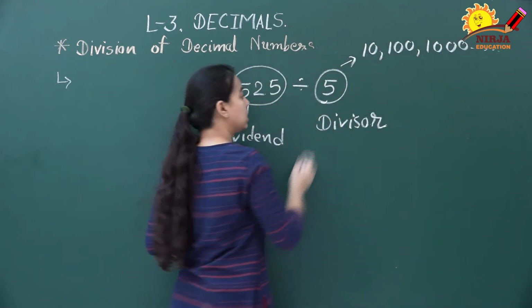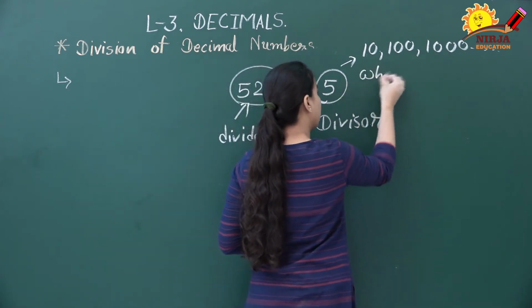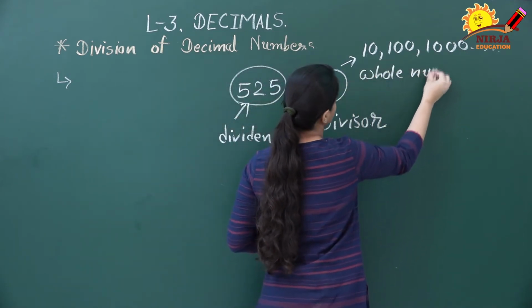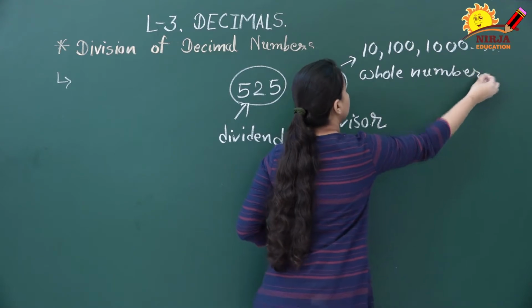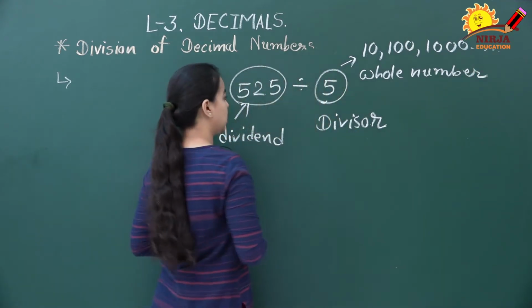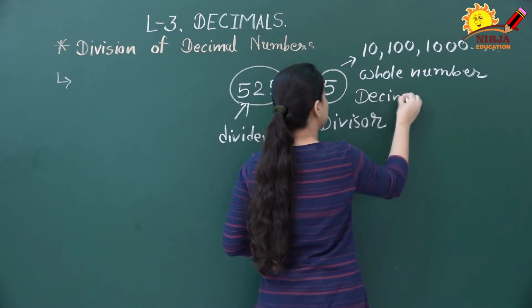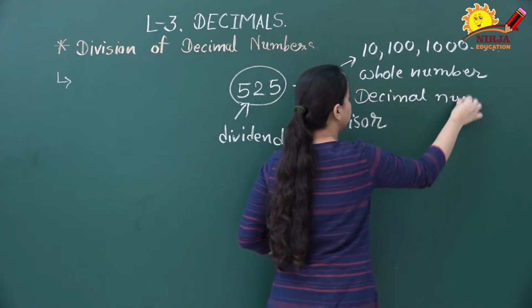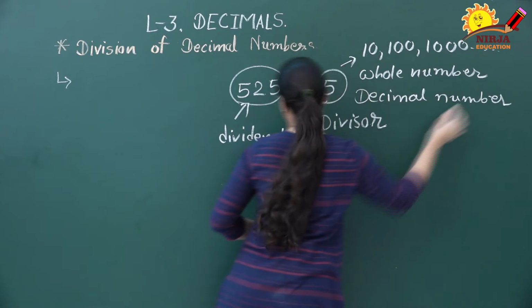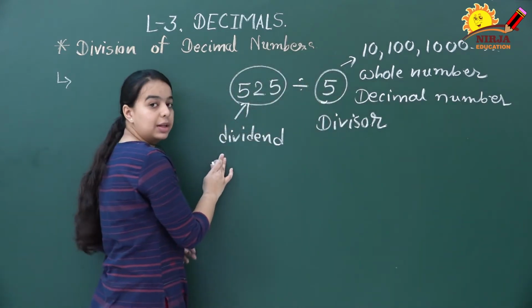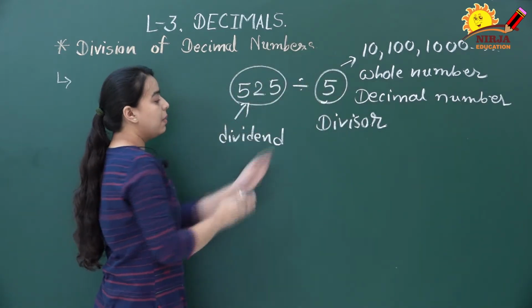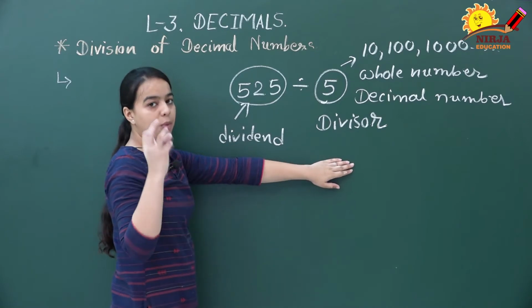Second possibility is, it is given in the form of a whole number. And third possibility is, if it is given in the form of a decimal number. The dividend will always be given in the form of a decimal, but for the divisor there are three possibilities.